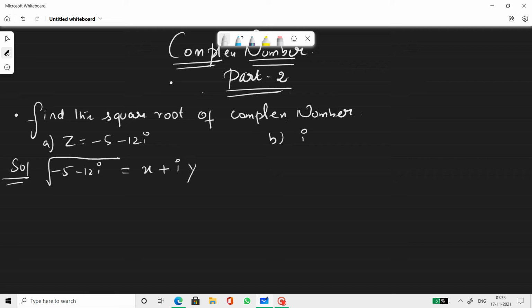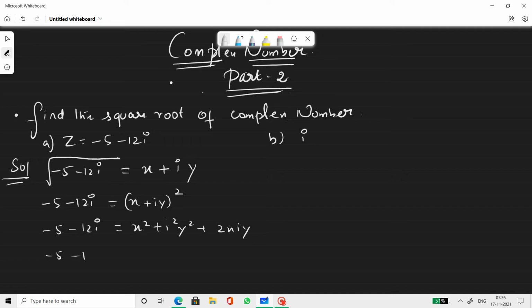Now square on both sides. Minus 5 minus 12i equals x plus iy the whole square. So minus 5 minus 12i equals x square plus i square y square plus 2xiy.